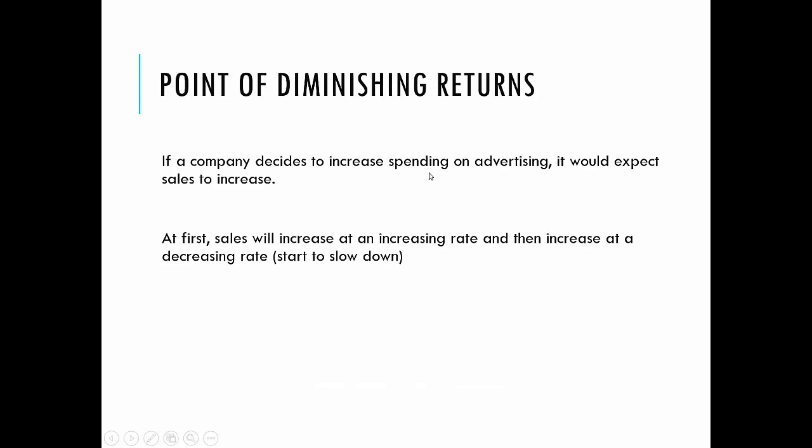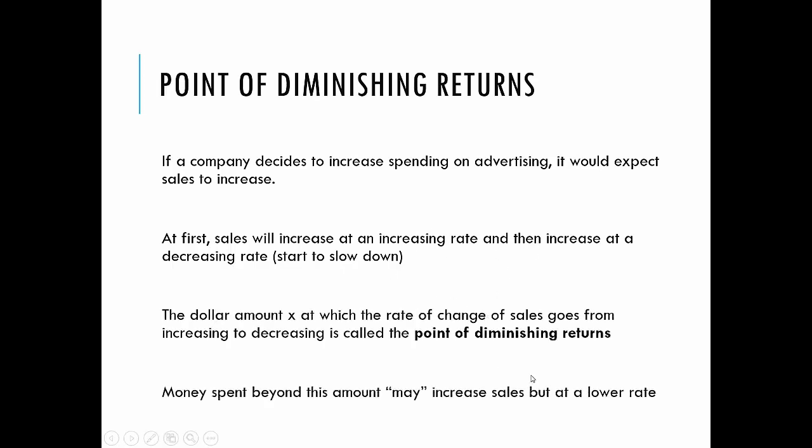If they start increasing spending on advertising, you would expect sales to increase, and they would increase very quickly right away, but then the increase would slow down. You'd start to see that slope level out. So the dollar amount, x, at which the rate of change of sales goes from increasing to decreasing is called this point of diminishing returns.